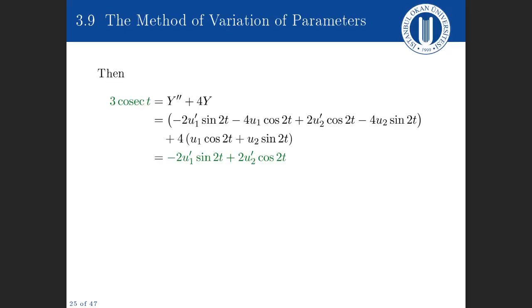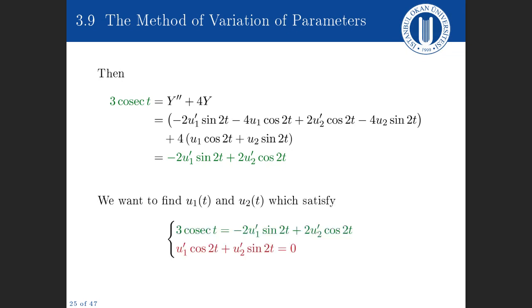Okay, and then put into the differential equation 3 cosec t. We want to be equal to capital Y'' + 4 capital Y. And that simplifies to -2u1' sin 2t + 2u2' cos 2t. Which is a little bit complicated, but not too complicated.